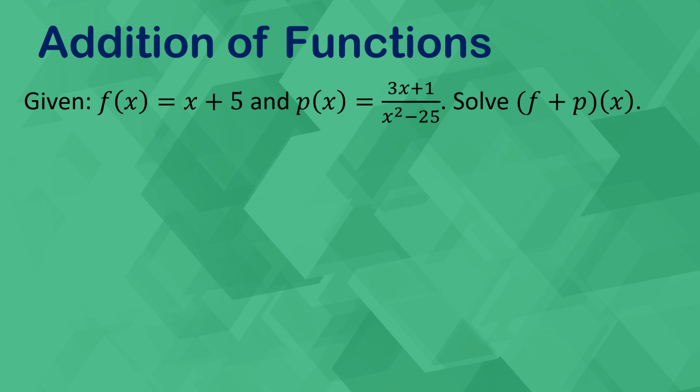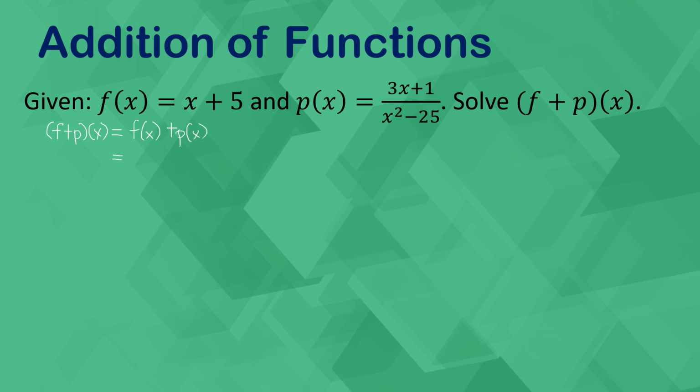Let's solve the next example. f of x, which is equal to x plus 5, and p of x, which is equal to 3x plus 1 over x squared minus 25. So we are to get the sum of f and p functions. Okay, so f plus p of x is equal to f of x plus p of x.